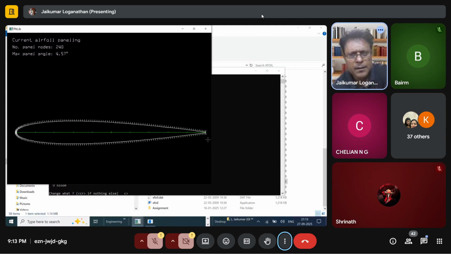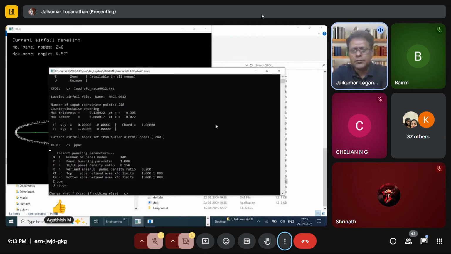Any doubts so far? Are you able to follow what I'm doing? Yes, sir. Okay. So now the next step is how to analyze and get the CL alpha of this airfoil. I think many of you would have done that experiment in the subsonic wind tunnel that we have.